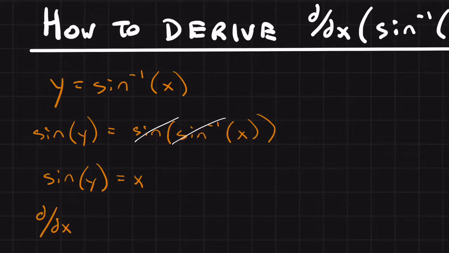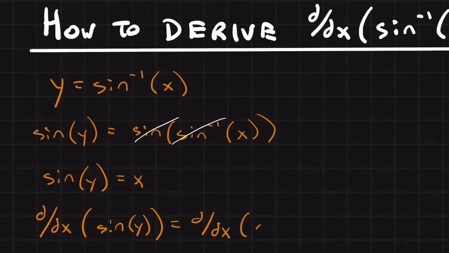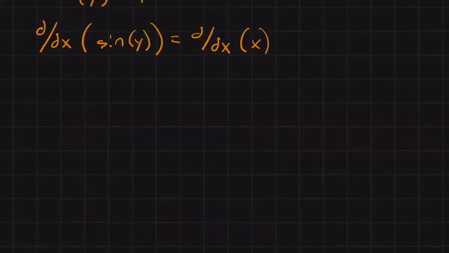Now we can take the derivative of both sides. To find the derivative of sine of y, we'll have to use the chain rule, with the outer function being sine and the inner function y. The derivative of the outer function would be cosine, and then we multiply this with the derivative of the inner function, which would be dy dx.